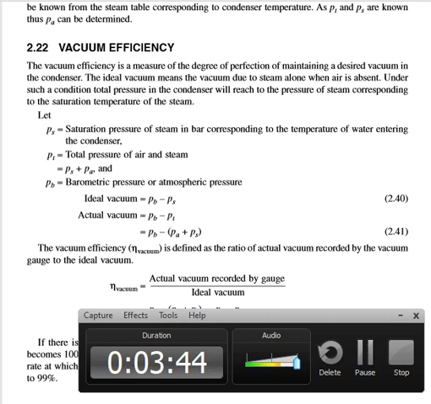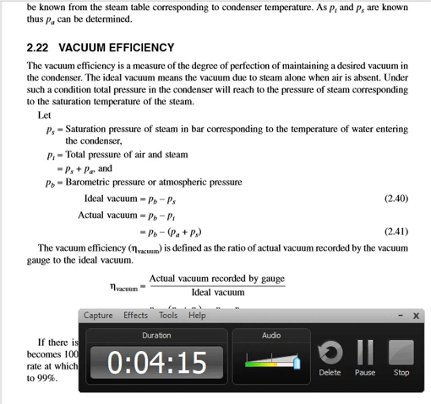PS means the saturation pressure of steam in bar corresponding to the temperature of water entering the condenser. The steam having some pressure enters the condenser, that is PS. Then PT means the total pressure of air and steam, that is air pressure plus steam pressure.